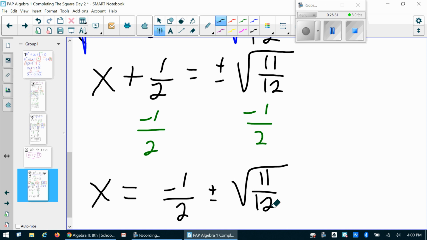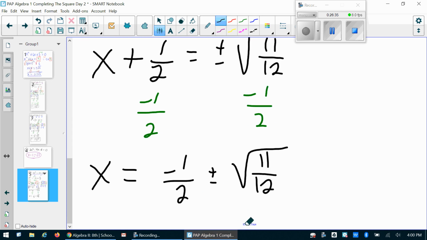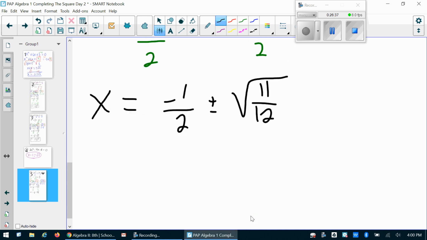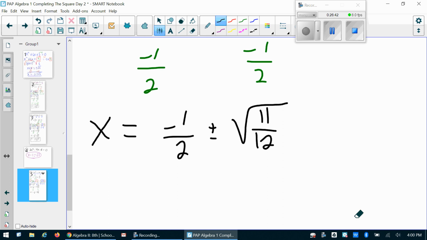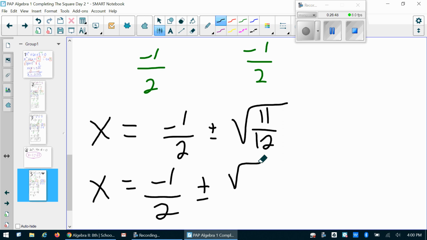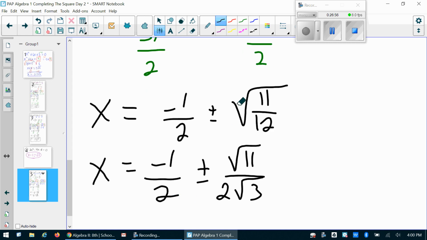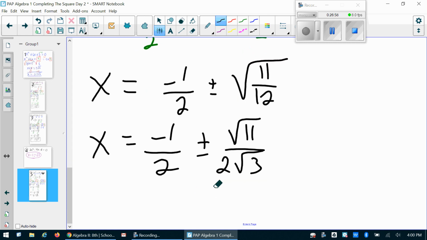Okay, now, if you wanted to be fancy and go ahead and simplify this, I'll show how that would work. But I don't have to see it on this one. I told you that root 12 is 2 root 3. So look at the denominators of those fractions. They're pretty close to being the same.